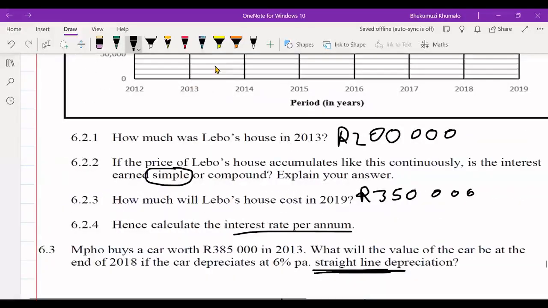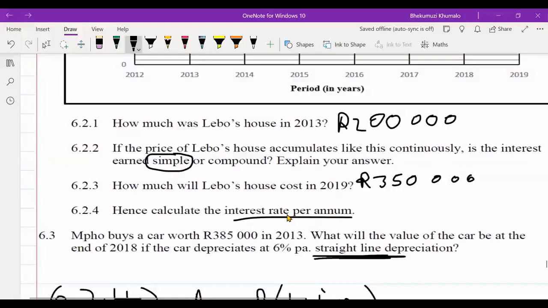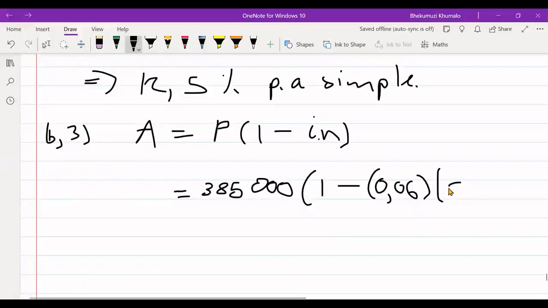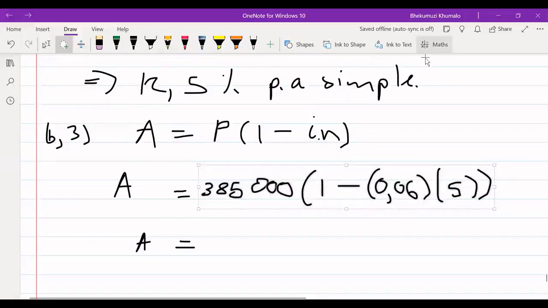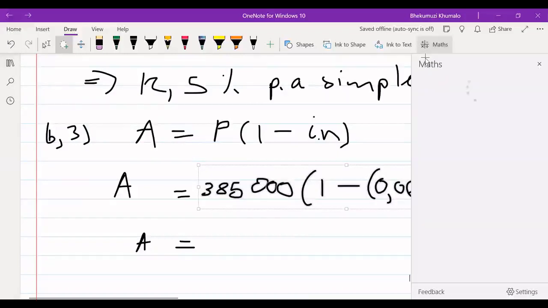So let's see, 1, 2, 3, 4, 5. So it's 5 years. And basically, we will calculate now how much did it depreciate. And depreciation means what? Decreased over those years.